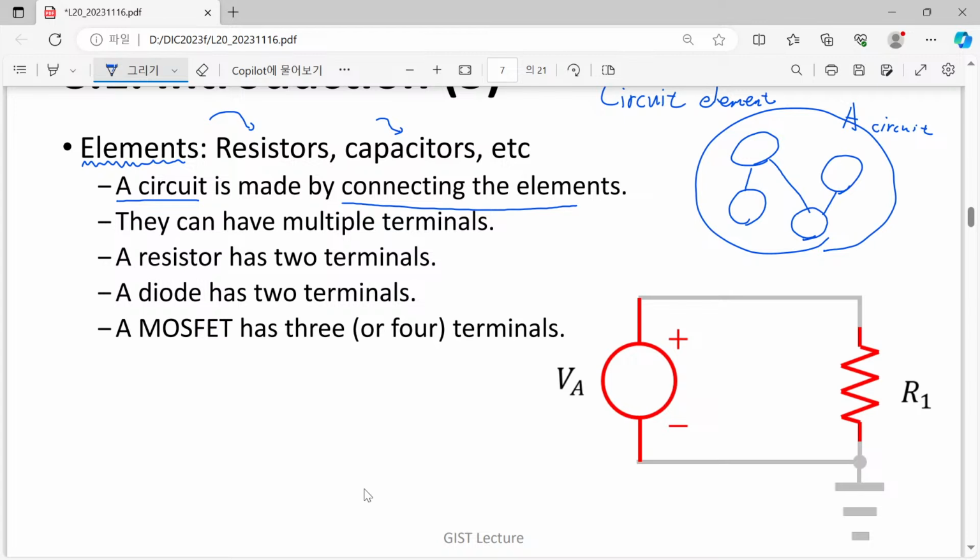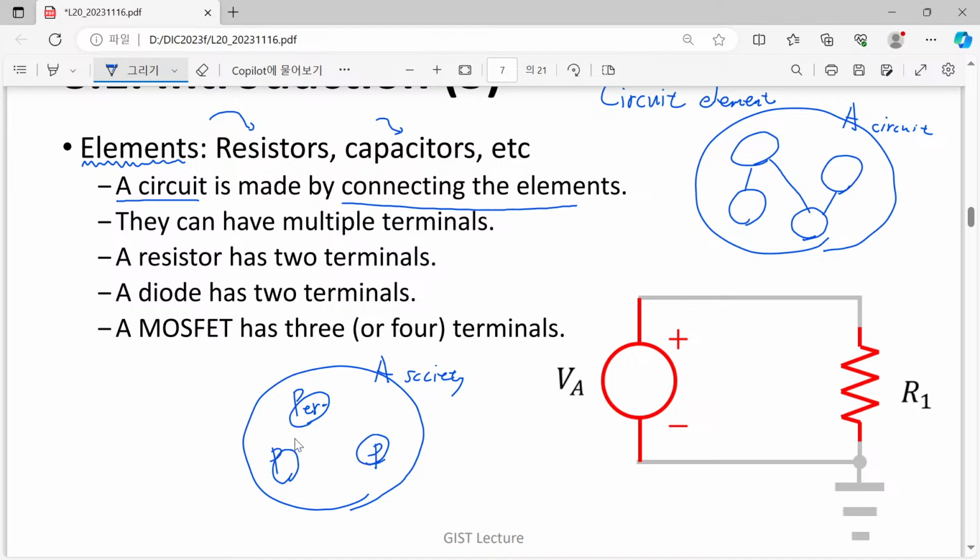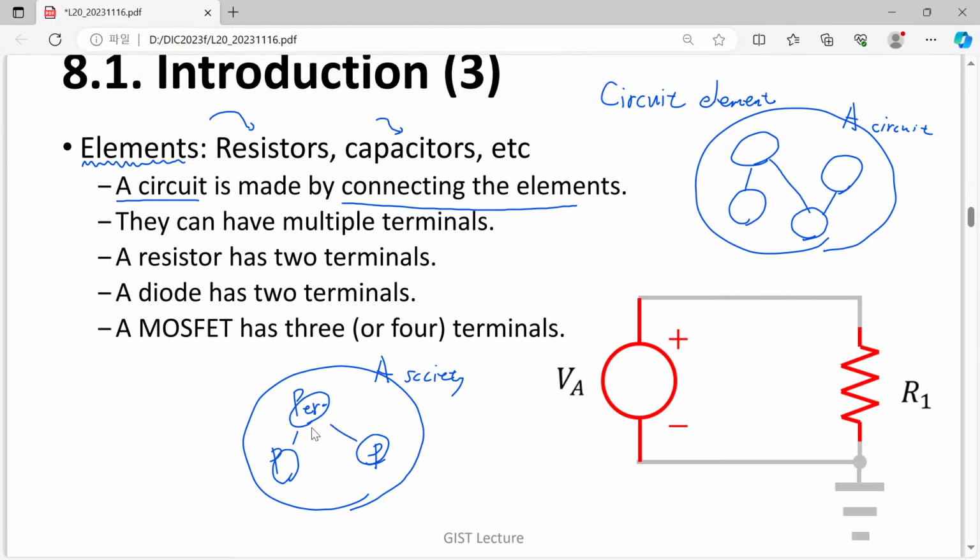So it's pretty close to this way. Here we have a society, and there are many different persons, one person, another person, and another person, and they have certain relationships. So that is a description of a small society, and quite similarly, a circuit can be seen as just a collection of elements.